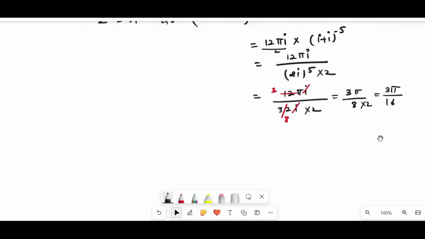So we can say the value of the integral 1 by 2 over the curve C of dz over (1 plus z square) to the whole power 3 is equal to 3 pi over 16.